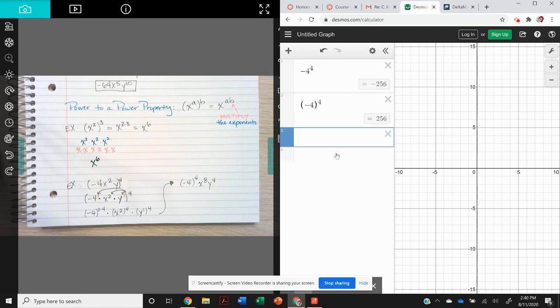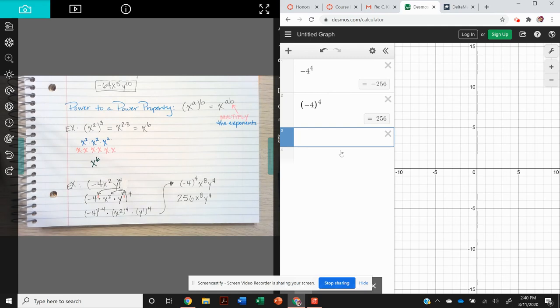So here's the great debate. Which one is correct? Is it negative 256? Is it 256? It is positive 256 x to the 8th, y to the 4th.